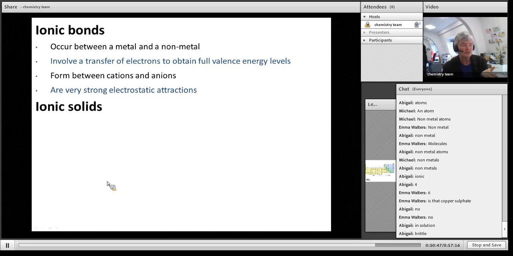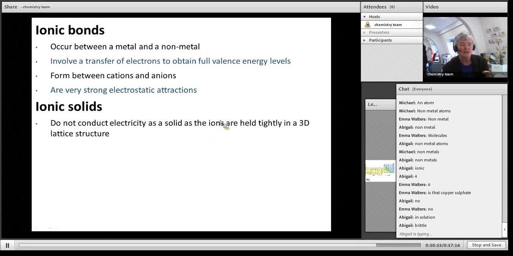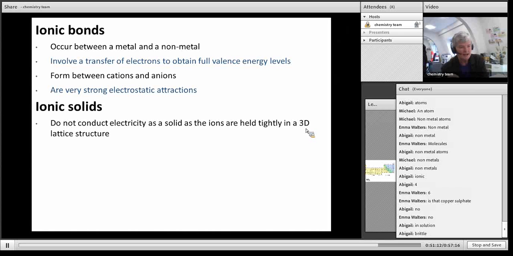So, as a solid, why doesn't it conduct electricity? It doesn't conduct electricity because the particles, the ions, are held very tightly in a 3D lattice. Spell out that 3D, okay? Don't just say they're held very tightly together. Because if you're saying it's in a 3D lattice, it's being held in all parts around it, so it's not going to get out very easily.